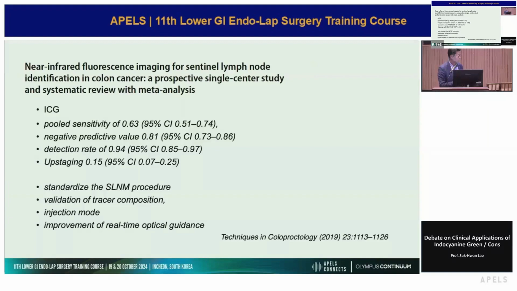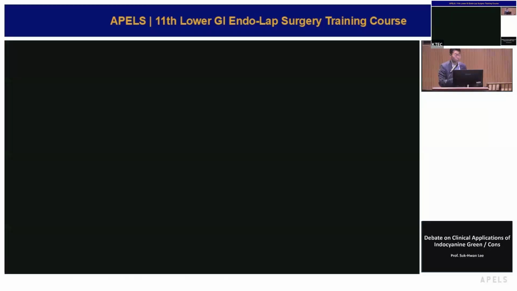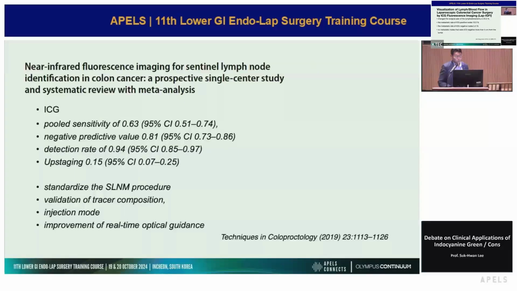There is also some debate about the injection mode. Which is better, subserosal or submucosal? What is the exact time and exact dose of the ICG, and where to inject? There are so many questions to solve right now.